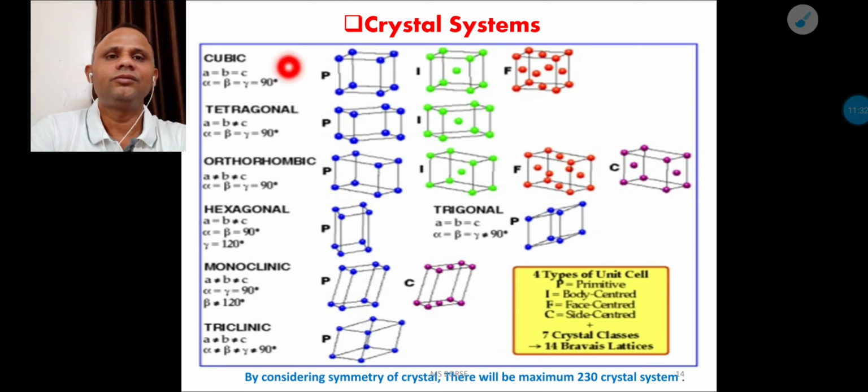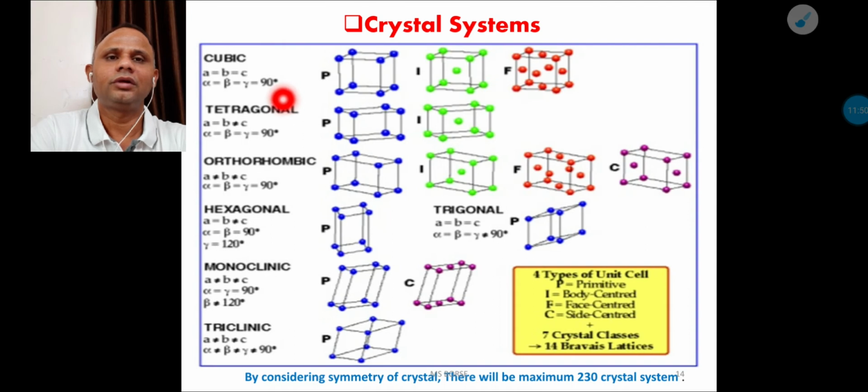If you see, there will be a change in the lattice parameter. If we find the changes in the lattice parameter, that means the distance between the faces of the unit cell, or the angle between the edges of the unit cell.